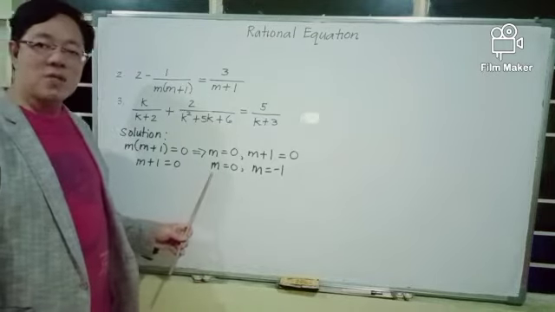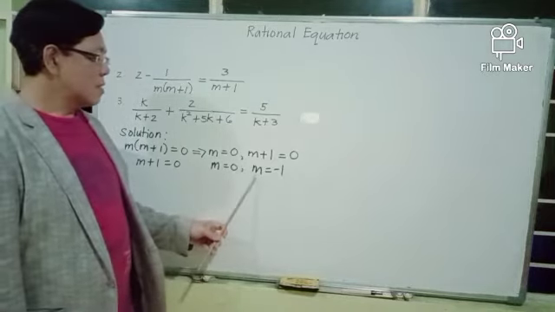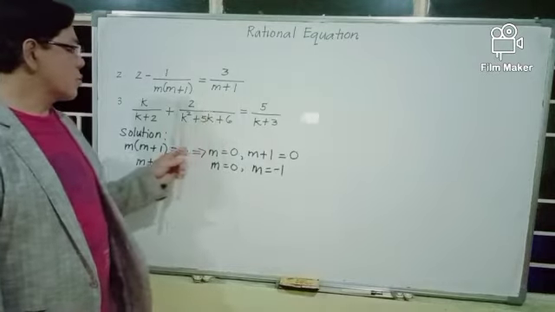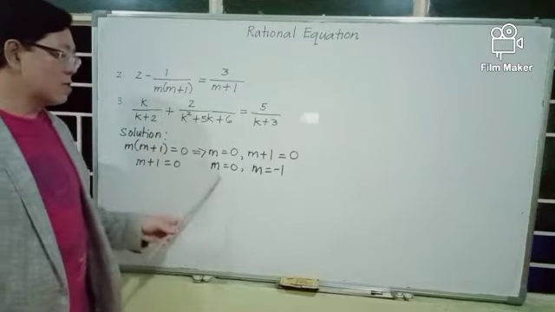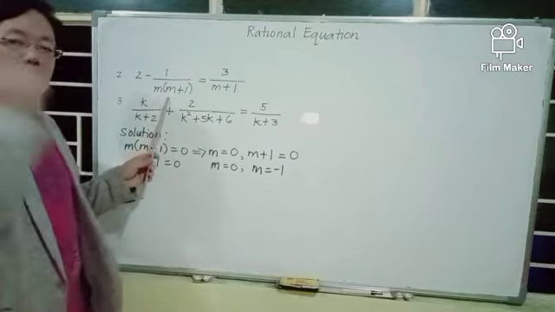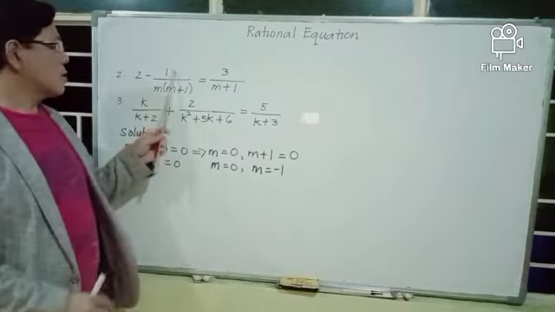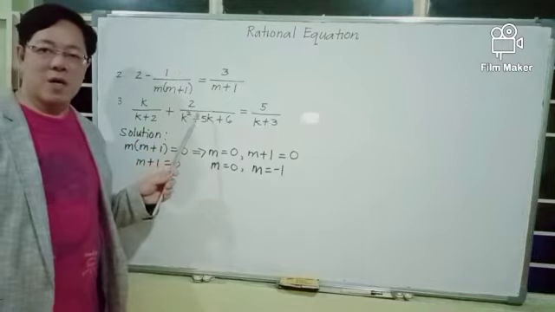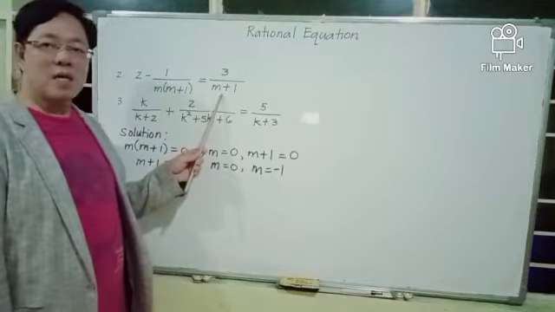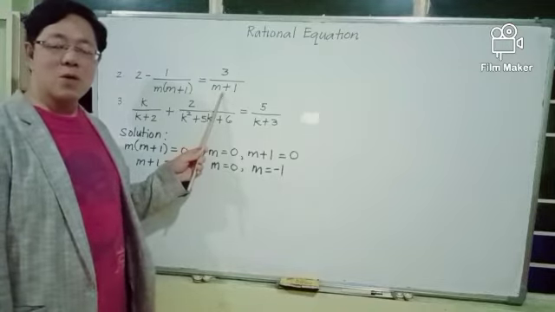Hence, these are the values of m that will make the denominators m plus 1 and m times m plus 1 equal to 0. When m equals 0, this denominator will become 0, and you get 1 over 0 undefined. Also, when m equals negative 1, this denominator will be 0.